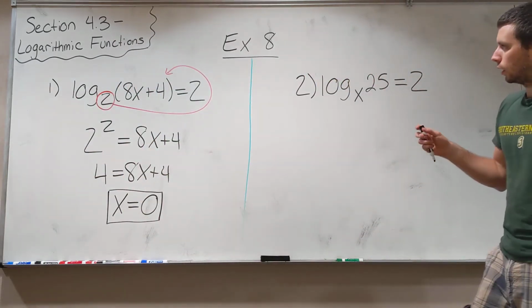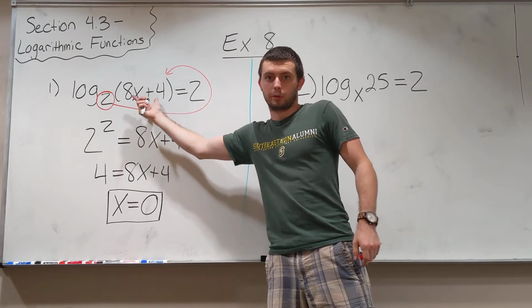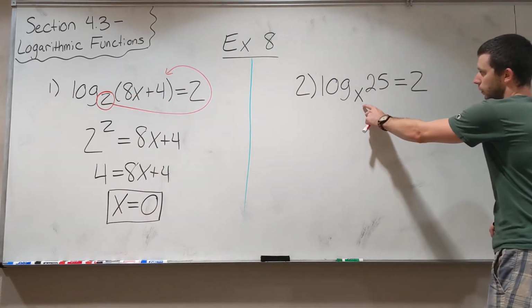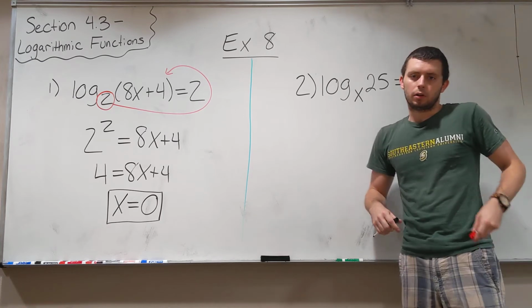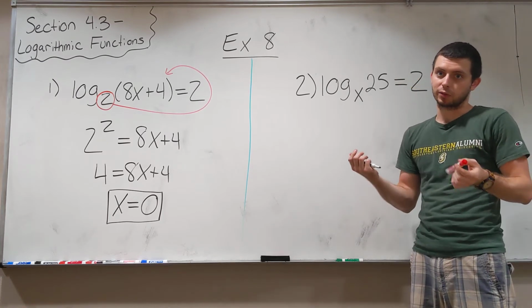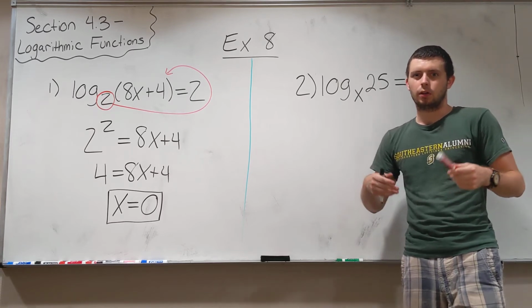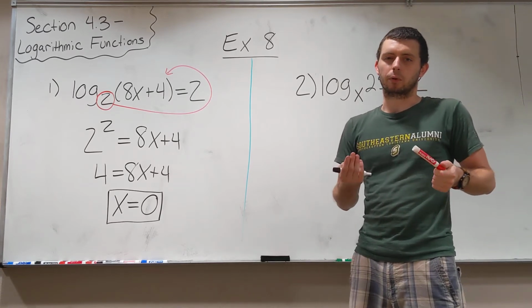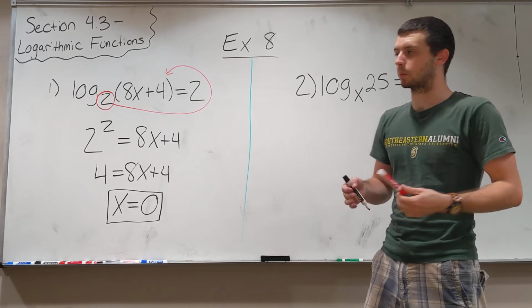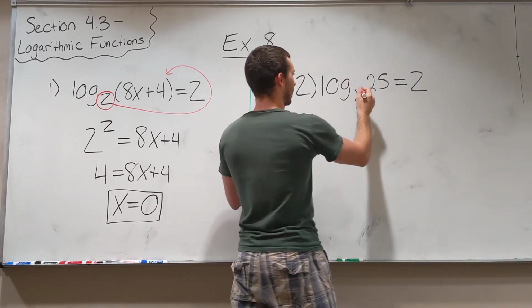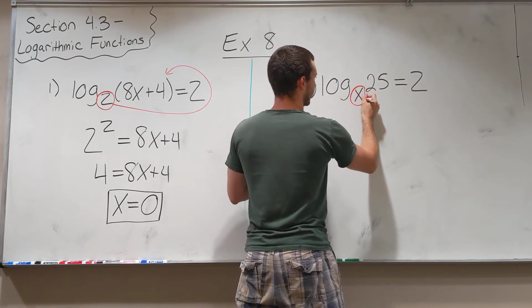And notice, before, the x was what the logarithm was evaluating. Now the x is the base. And well, despite where the location of it is, if you're unsure of what to do in a log-based problem, you can go ahead and see if you can convert it to an exponential statement. So the logarithm's on the left, it's by itself, so let's go ahead and apply the same process.